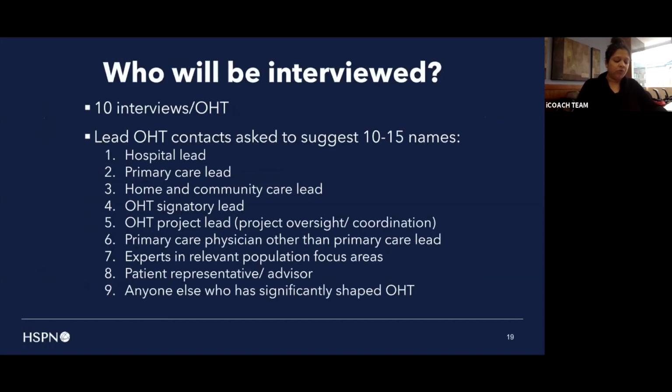So what we're really hoping to do with all of this is eventually present these results in the form of a vignette, so a nuanced, multi-layered picture of the complex process of early OHT formation.